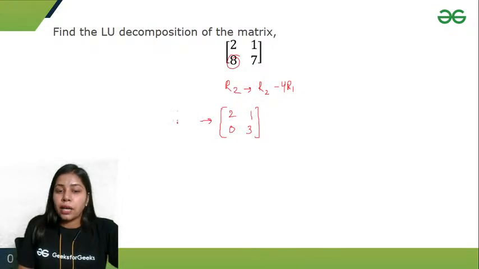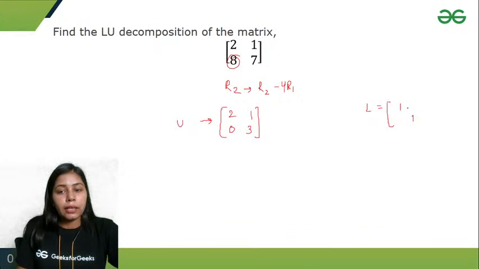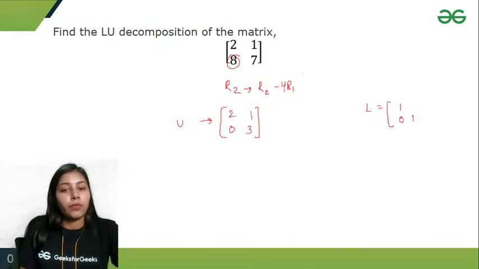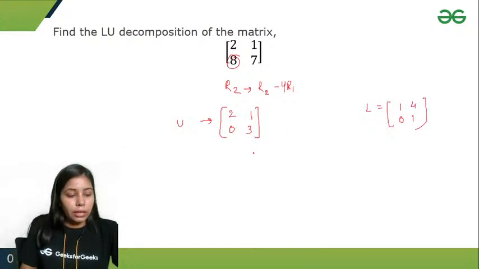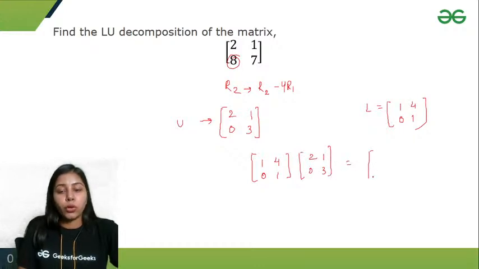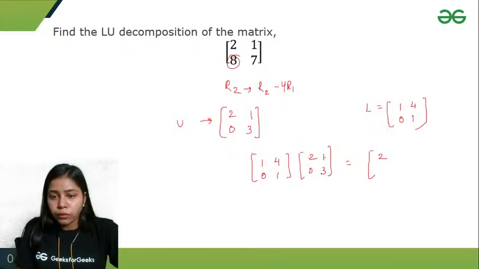So this is our upper triangular matrix, and the lower triangular matrix will be, let's take the diagonal entries as 1, and because we have subtracted 4 times row 1, let's take 4 here, right? Now if you multiply [1 0; 4 1] with [2 1; 0 3], you will get the matrix.